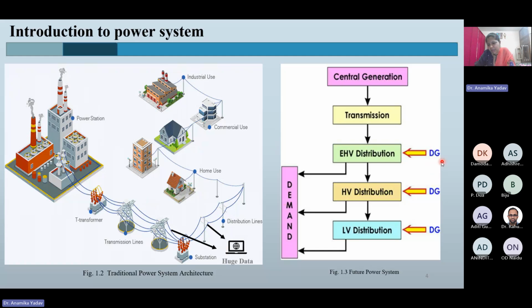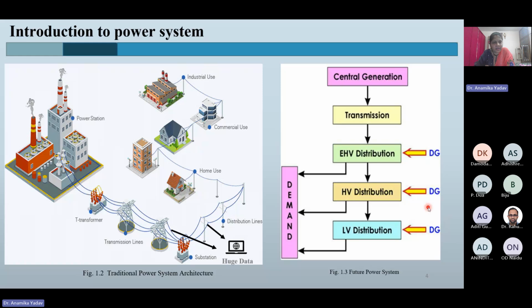Now the DG plays an important role, as I told. These distributed generators, based on their capacities, particularly if they are of high capacities, can be integrated at EHV distribution voltage level as well.